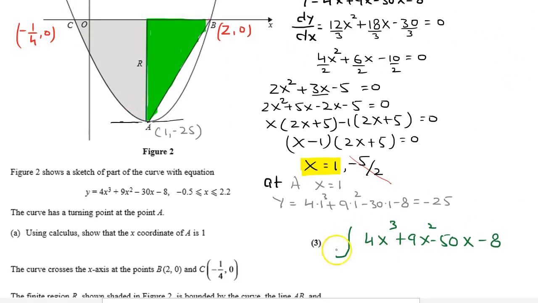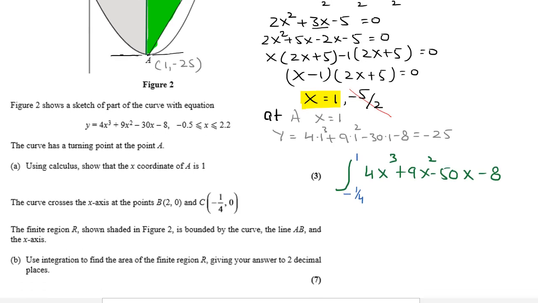That is minus 1 over 4 up to 1. So we'll get this area by this method.